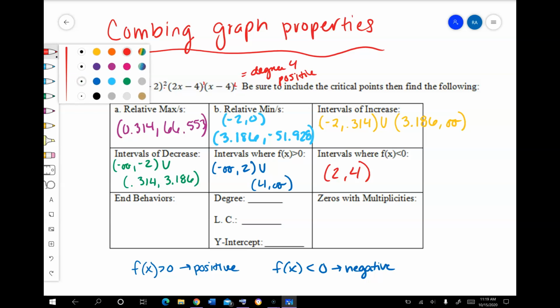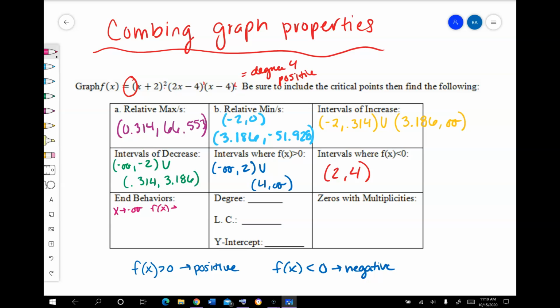Okay? We're going to write, let's see. Here we go. You would say, as x is negative, all I'm doing is copying that chart, f of x is also positive. And then as x is positive, f of x is also positive.